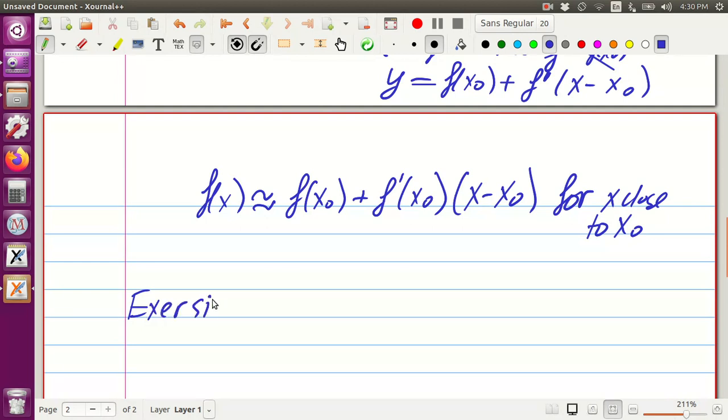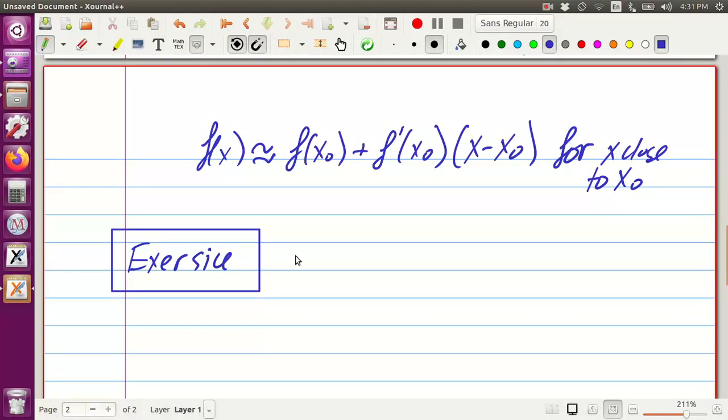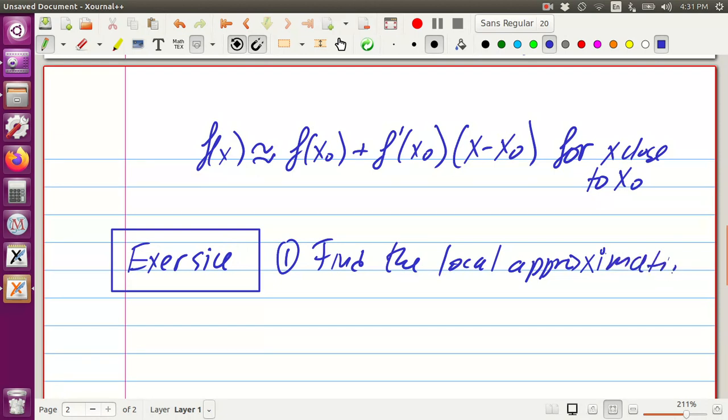So, exercise. In part 1, we have to find the local approximation of f of x equal to square root of x at x sub 0 equal to 1.